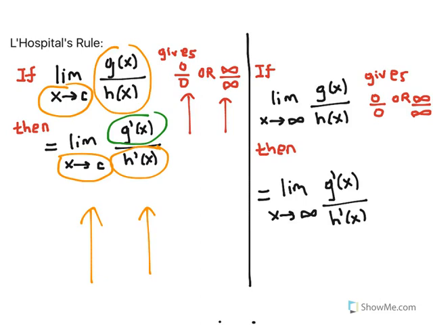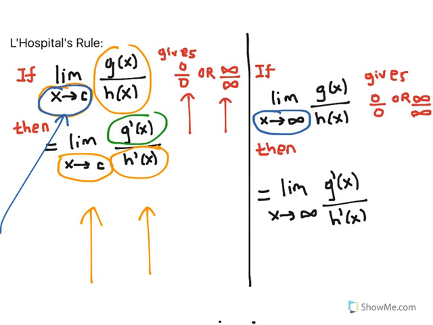There is a variation of L'Hopital's rule. Suppose instead of x approaching some constant value like we saw in the previous two problems, maybe x is approaching infinity or possibly negative infinity as well.